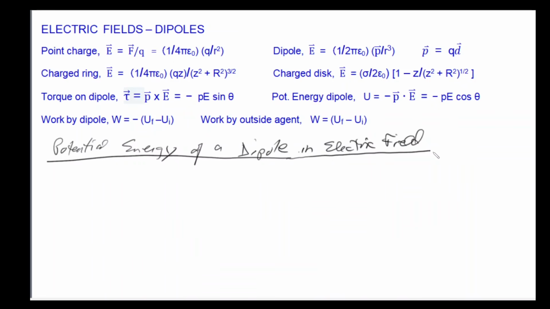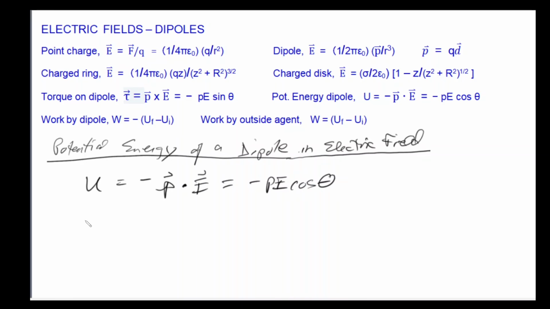Now let's look at the potential energy of a dipole in an electric field. It turns out that the potential energy is equal to minus the dipole moment dotted with E. And again, that becomes a scalar quantity, which is equal to minus PE times cosine theta.